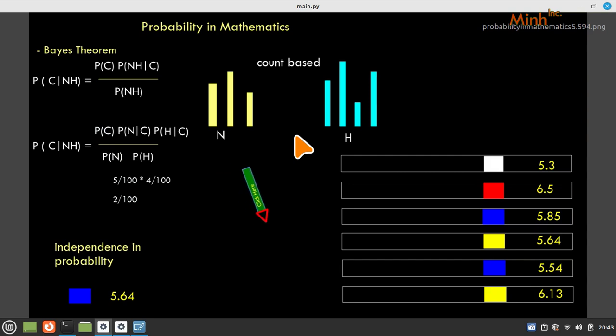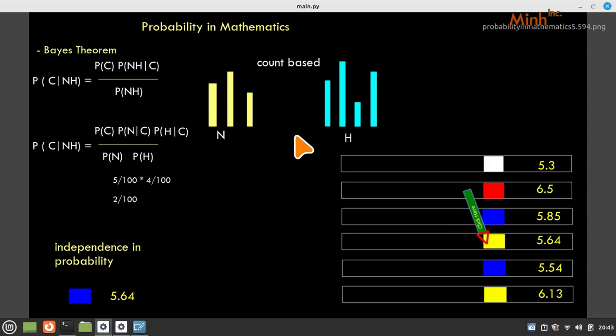See the scenario. If these are the samples, and the names of the people are colors, and these are the heights, and I want people with the name blue and their height is 5.64. Even if I bin it, it will come to 5.6.